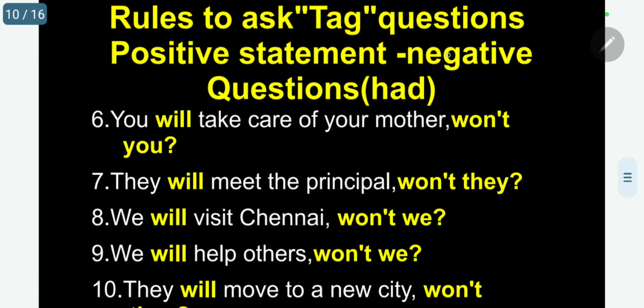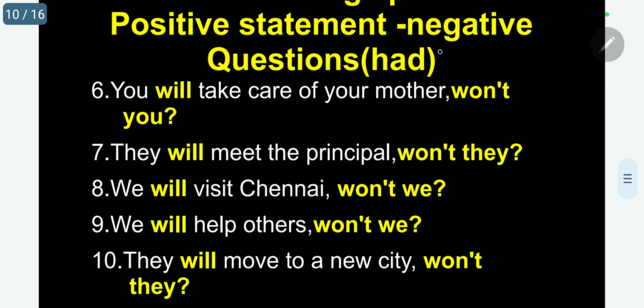Next one. Here, you will take care of your mother. Won't you? They will meet the principal. Won't they? We will visit Chennai. Won't we?